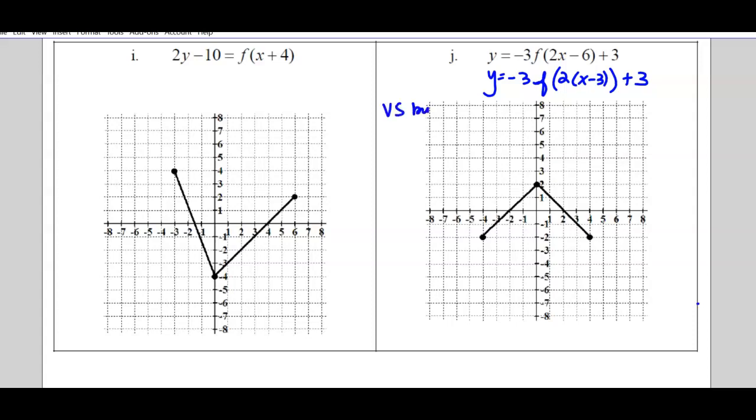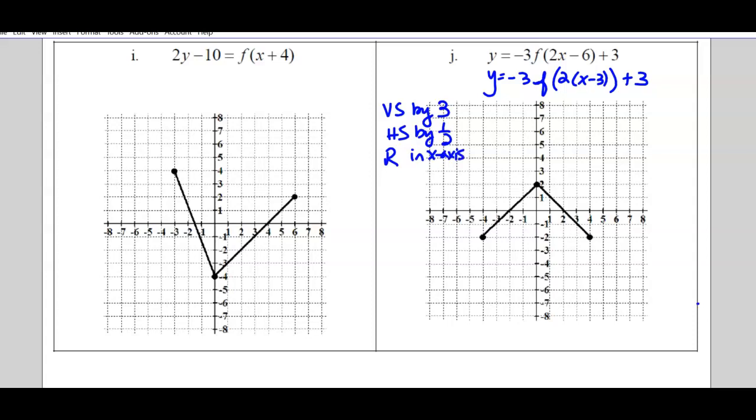Vertical stretch by 3. Stretches are always positive. Reflections are stated separately. The vertical stretch by 3, horizontal stretch by 1/2. Okay. And reflection, that negative is in front of f, which means it changed the sign of y. So in the x-axis.